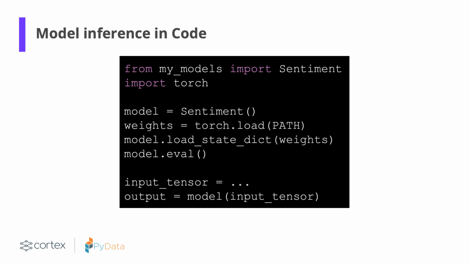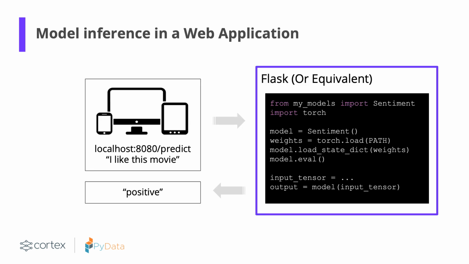Right? Now, this is great, but you can't really access it on the internet. So the first step is to convert this into a web service. And the way we do that is by wrapping your model inference code in a web application framework. Most people use Flask, so we'll stick with that. What Flask allows us to do is wrap the inference code in a route so that you can access it.